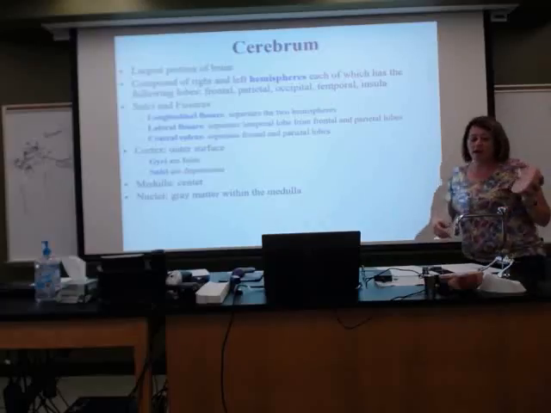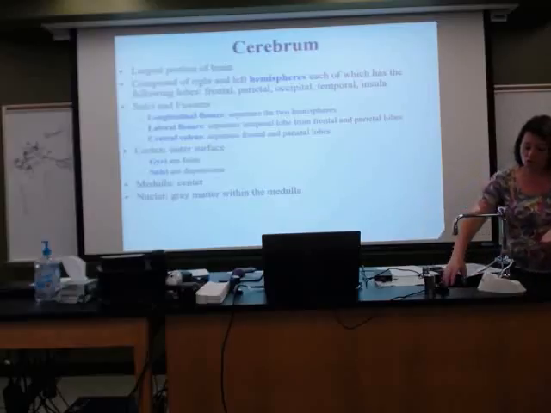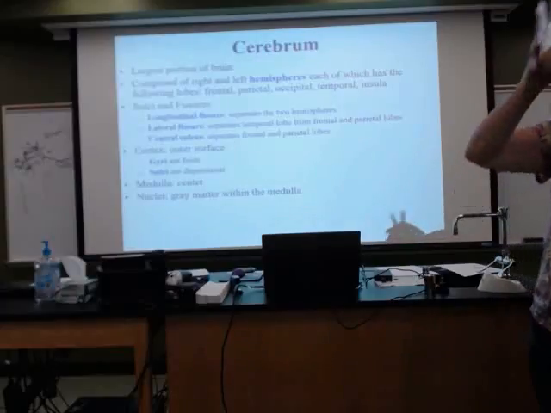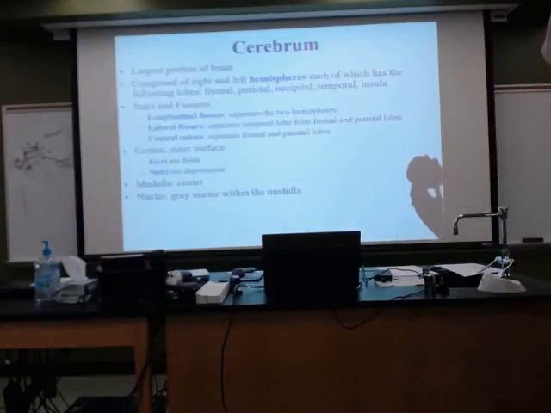We have our longitudinal, meaning long, okay, so our longitudinal fissure separating. We have a lateral fissure separating temporal from the frontal, and then we've got a central sulcus, the one that was running all the way across when you guys were looking at the brains, okay?